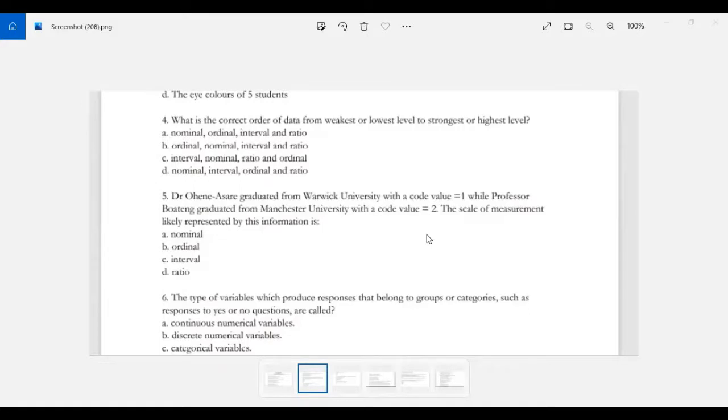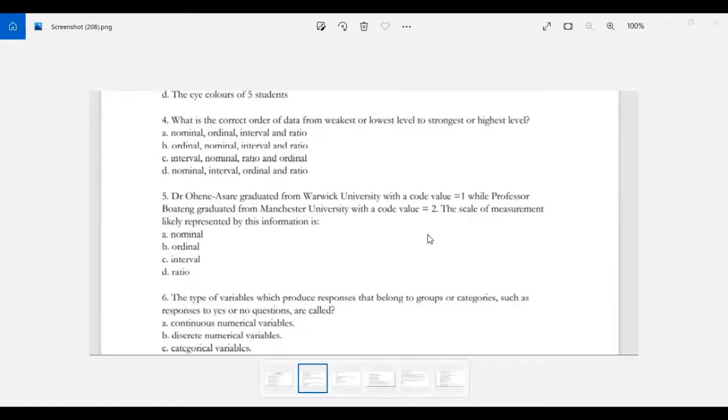So the answer is nominal because it is categorical and it cannot be ordered. You cannot tell me that one university is greater than the other, or one professor is better than the doctor. No, it's categorical and nominal.